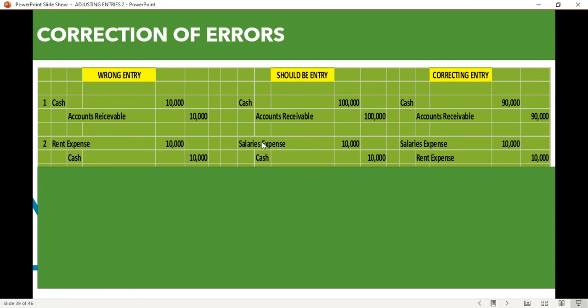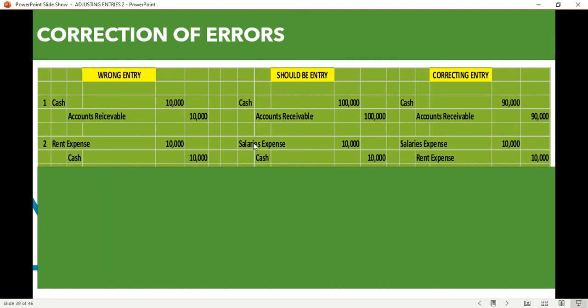So your entry should be debit salaries expense 10,000, credit cash 10,000. Now, what's the difference? Actually, they differ on the account title. They have the same amount. So the error here is that it was charged to a wrong account. So what you will do is just debit the correct account and close the wrong account.